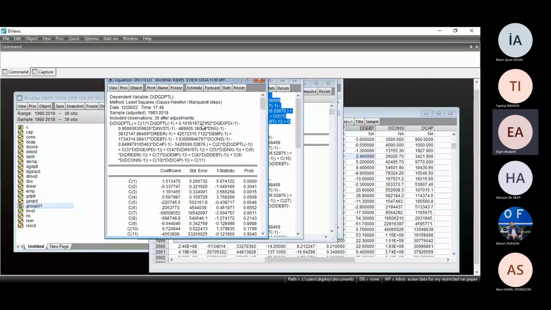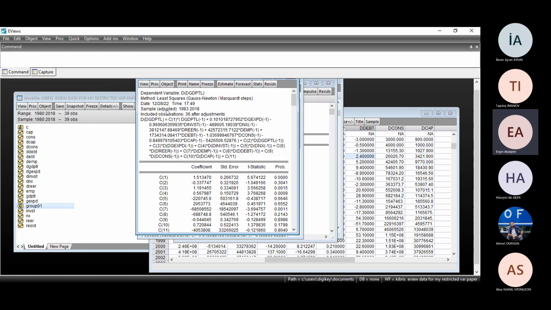As you see, it is somehow 1.5, positive. The long run is a positive number, which means the speed of adjustment to the model is positive, and it is bringing the whole parameters towards the equilibrium when the GDP is becoming dependent.